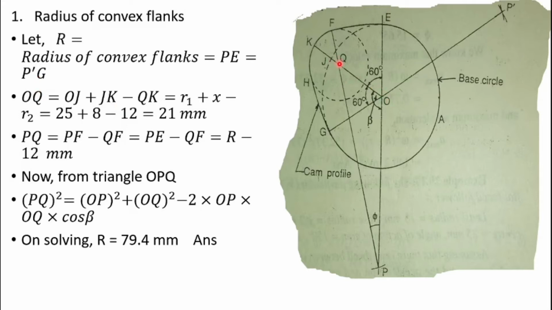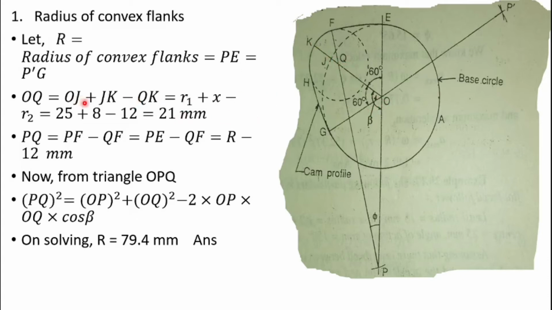OQ will be equal to, see from the figure, OJ plus JK minus KQ, which will be equal to OQ.